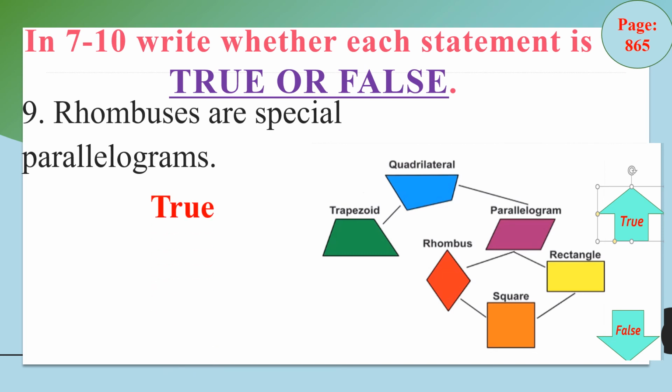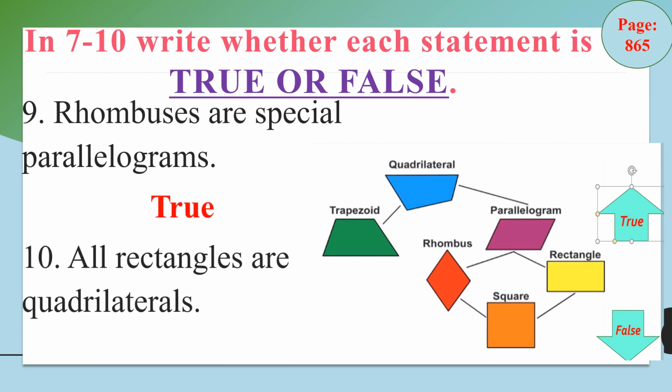It is true. Now next, all rectangles are quadrilaterals. Now see the relationship between rectangle and quadrilateral. Are we moving upwards or downwards? Yes, you're right. We are moving upwards. So is the statement true or false? Yes, the statement is true.